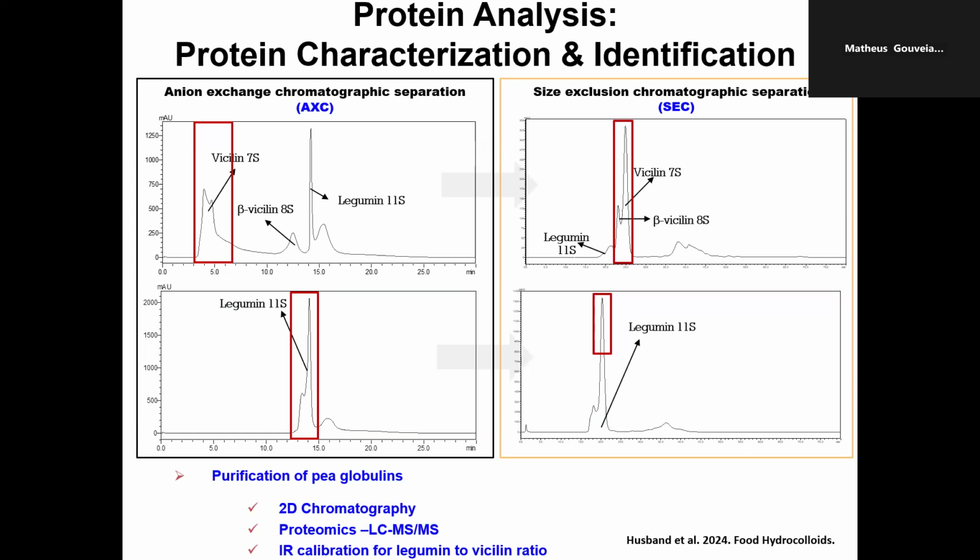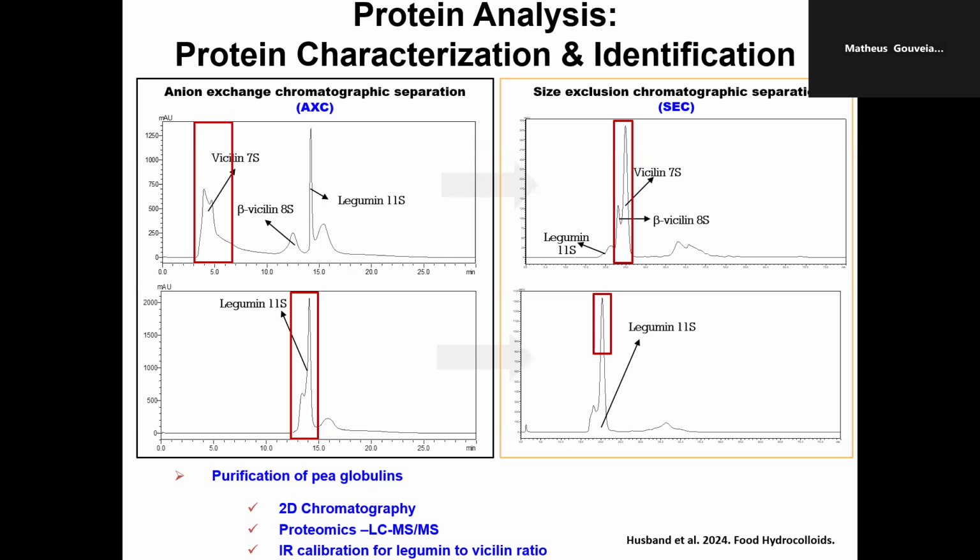Then we say, okay, maybe we can devise a rapid scanning method by FTIR. FTIR can give us unique molecular structure, but I need to calibrate. How do I calibrate an FTIR? With pure standards. So now I have to produce pure standards, protein fractions from pea protein, so we can calibrate an FTIR and we can screen thousands of lines for their ratio of different protein fractions.